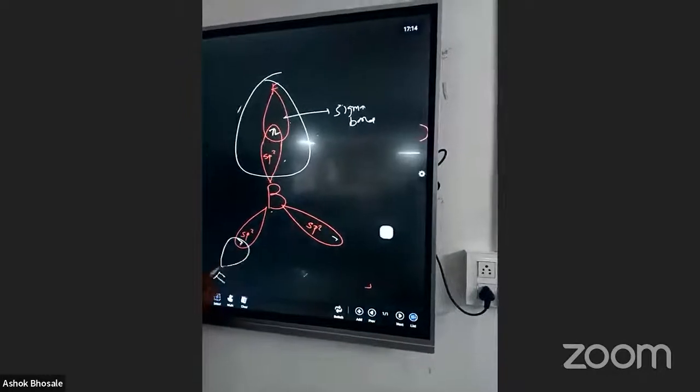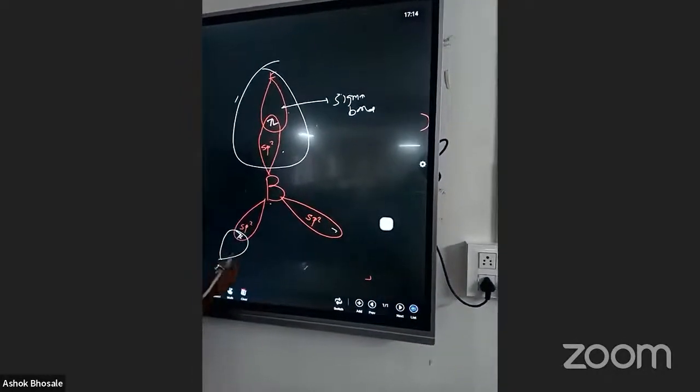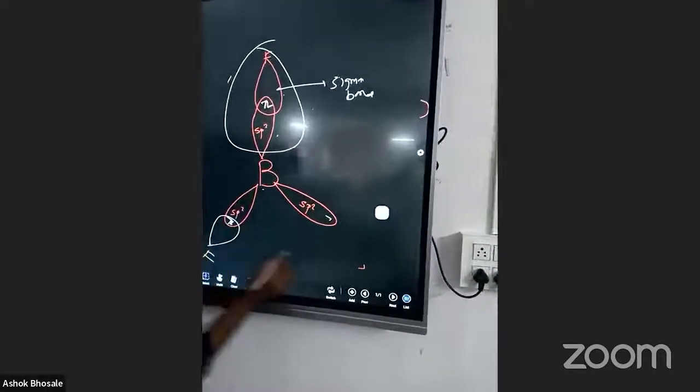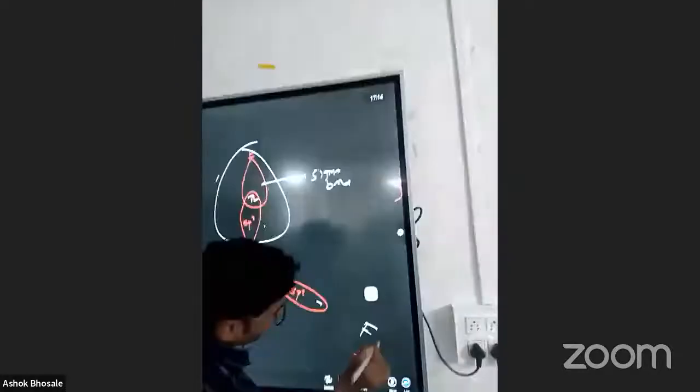Here also fluorine atoms having one unpaired electron, and boron one unpaired electron will form a bond. Then also here for the fluorine atoms.